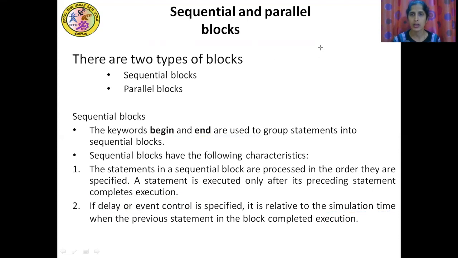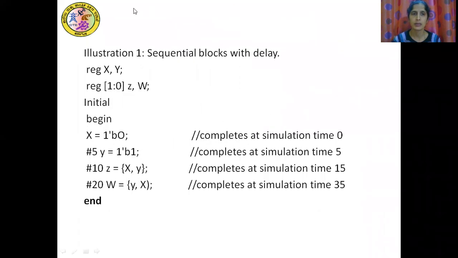Now, let us continue. Let us see an example with respect to a sequential block. Illustration 1. Here, X and Y are declared as registers and Z and W are 2-bit registers. The keyword initial is used to enclose the set of statements here.